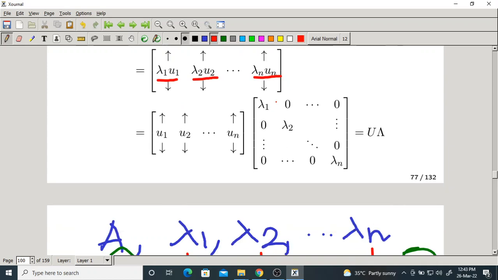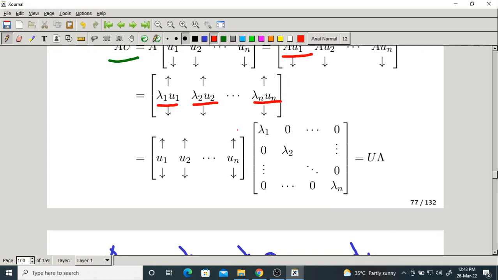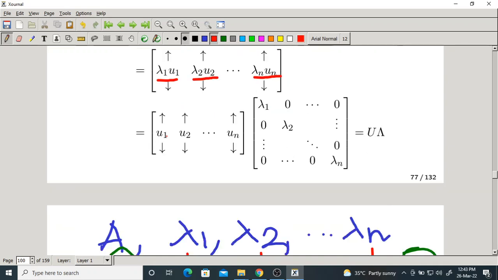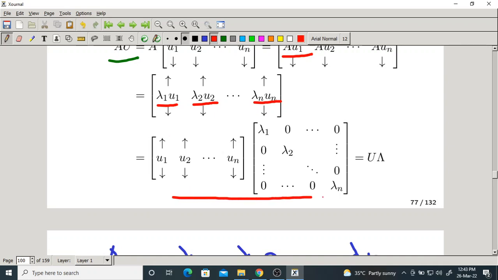Now further, U1, U2 are simply eigenvectors, not simply elements of a matrix. That's why I indicated with the arrows, up arrow, down arrow, which means the elements above or below U1. Now this is a matrix multiplication. I hope you know how to write this. What is this?